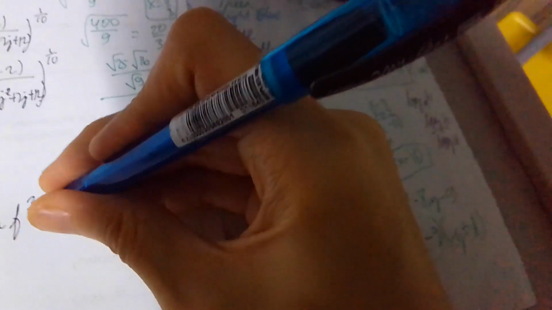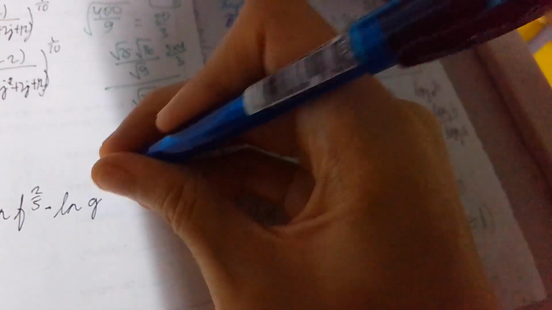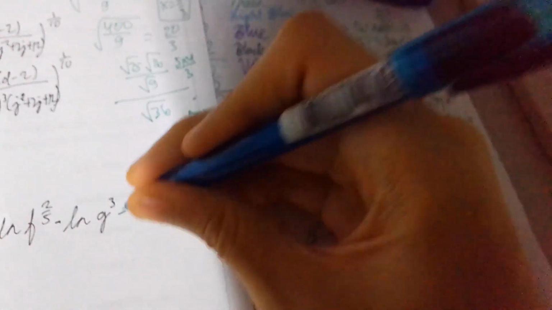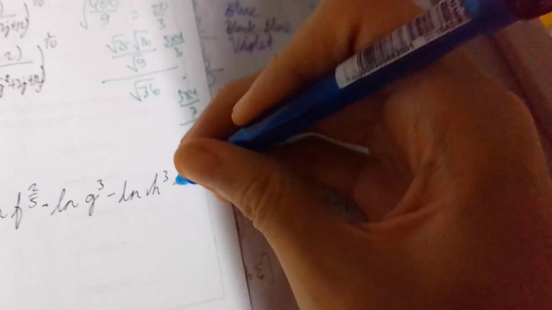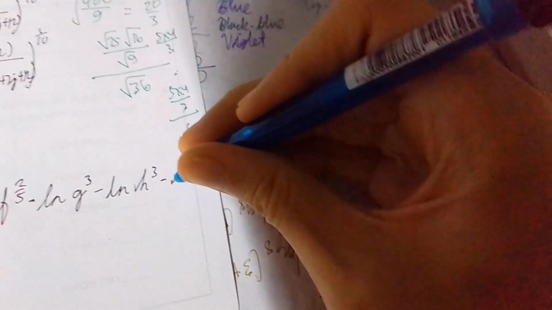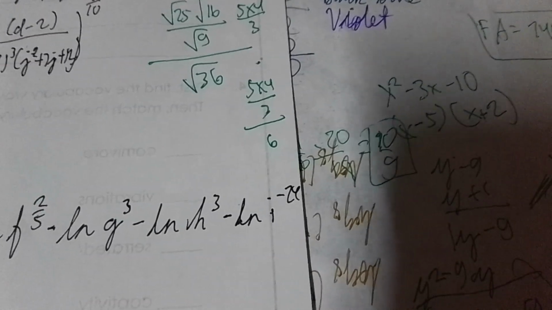And then ln of G cubed minus ln of H cubed minus ln of I raised to the negative 24th power. Diba?